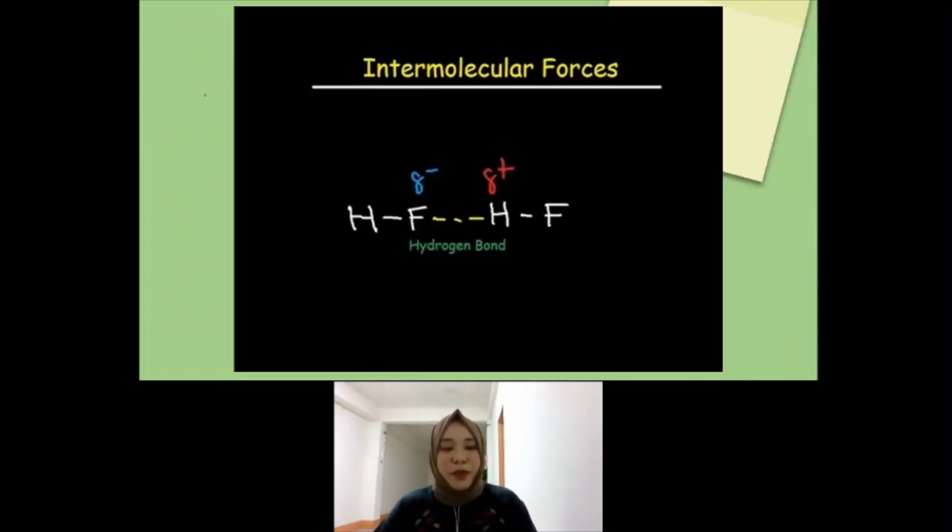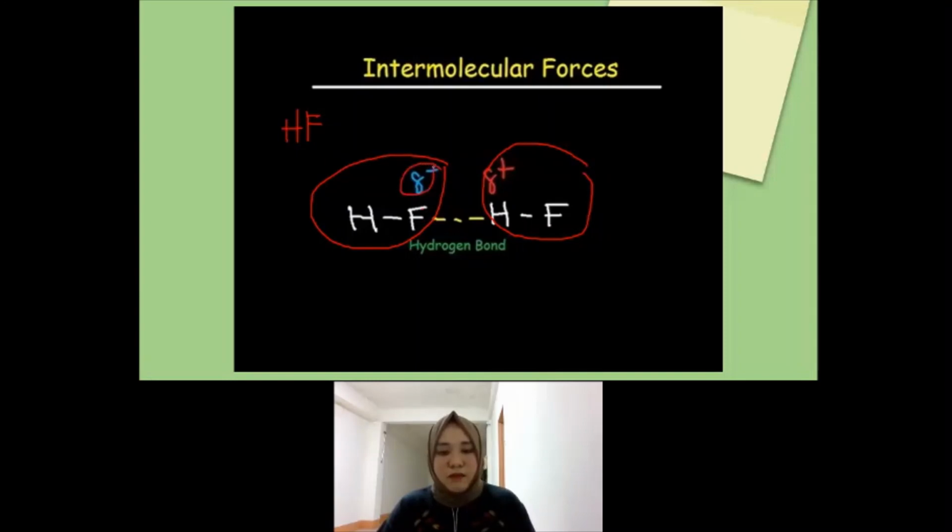So for example, we have HF or hydrogen fluoride. Okay, so we have 2 molecules of hydrogen fluoride. This is one molecule right here, and this is another molecule right here. So fluorine would assume the partially negative part sa molecule, and then si hydrogen will assume the partially positive part.